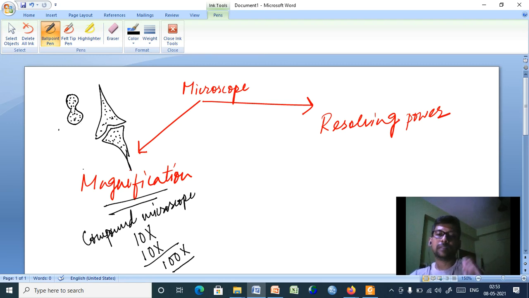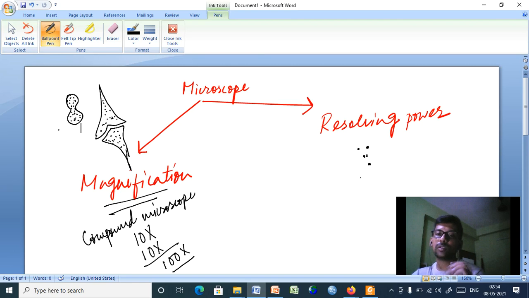Now, another important associated aspect, that is the resolving power. This is very much associated with magnification. Resolving power actually indicates the quality of a microscope to differentiate between 2 points. How much can they differentiate? Now we can very easily differentiate. Now still we can differentiate, but now it is very difficult to differentiate.